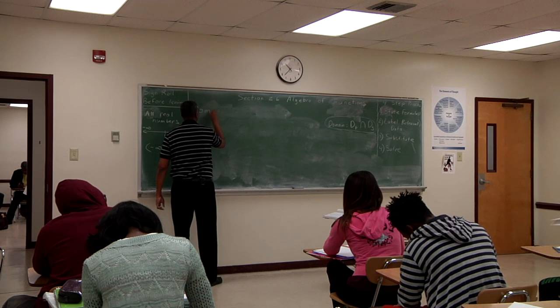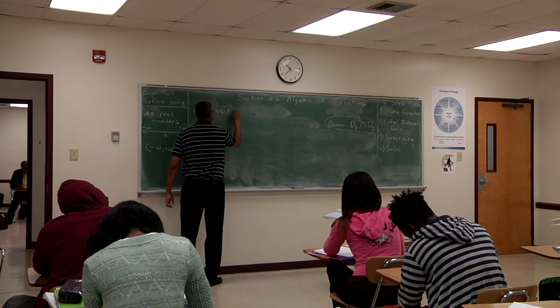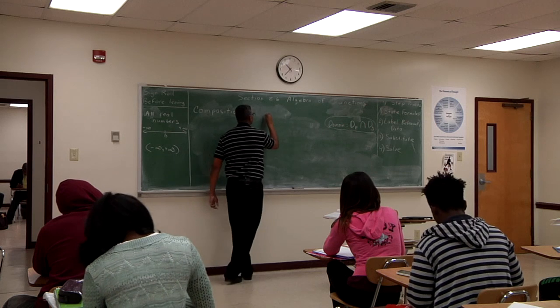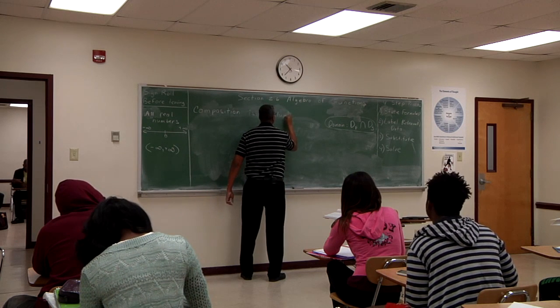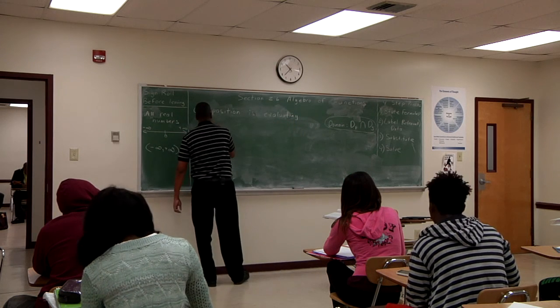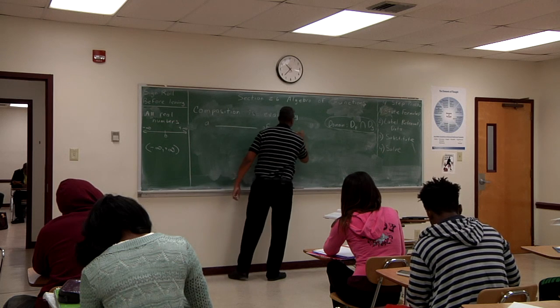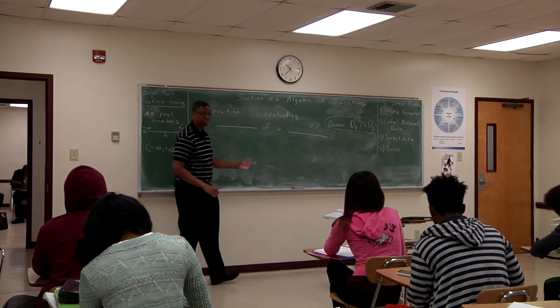Before I do composition, it is evaluating a blank of a blank. Anytime I do fill in the blank, it means it's a very important concept, and it could be a question on the quiz, okay?